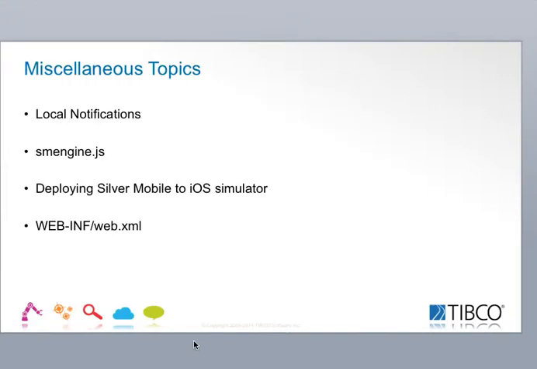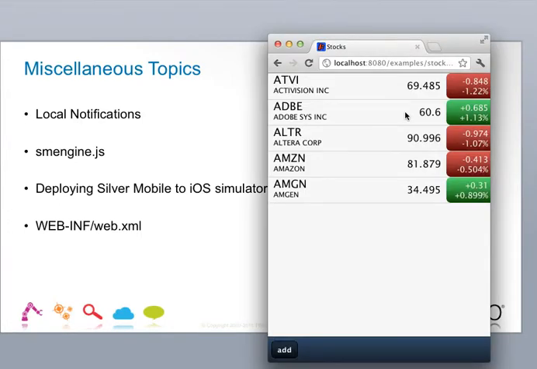Next, the smengine.js is a file that if you include in your application, you're actually able to do a lot within the browser, and it will help you really debug and use Silver Mobile. So let me expand upon that a little bit more. Earlier I had said that if you run your applications just in the browser, you're not going to get the full benefits of Silver Mobile.